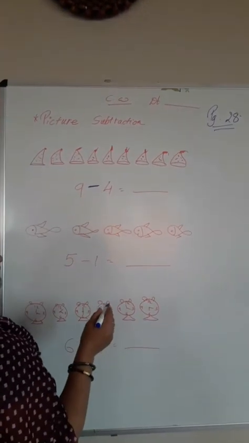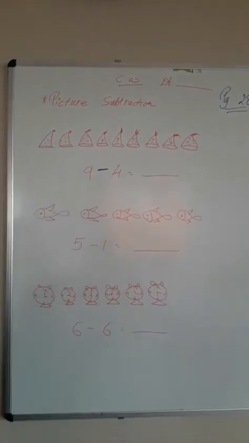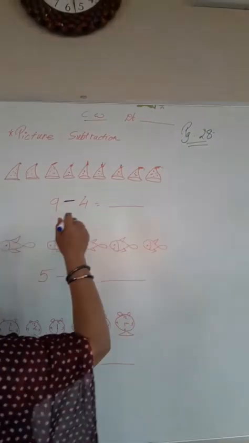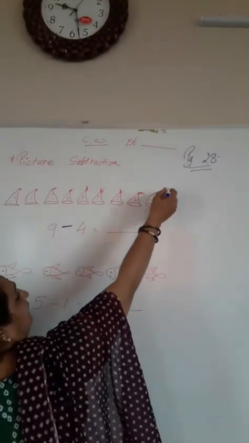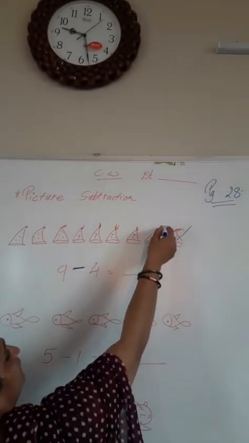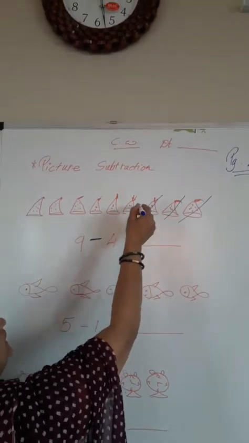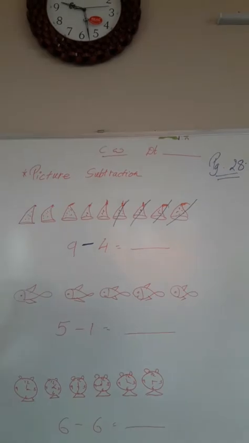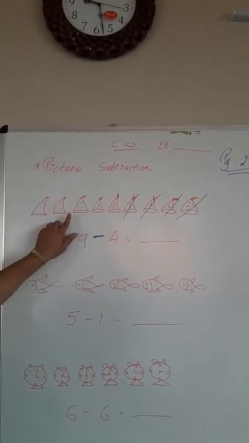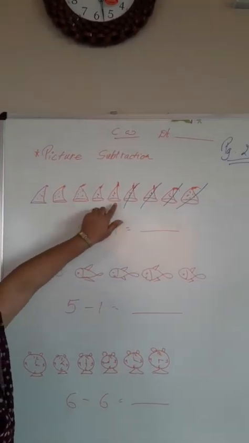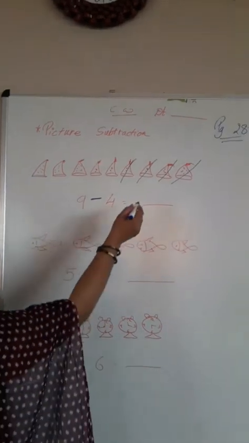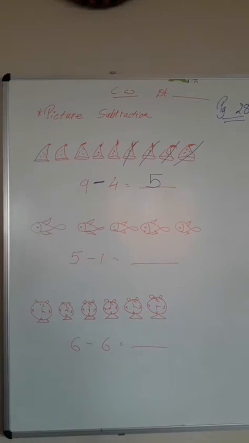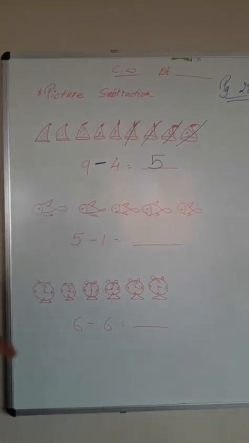So we have to subtract 4 caps. We take away from the last. हम last से take away करेंगे. 1, 2, 3, 4. Now let's count the remaining caps. 1, 2, 3, 4, 5. So now we have only 5 caps remaining. Right kids? Go to the next.